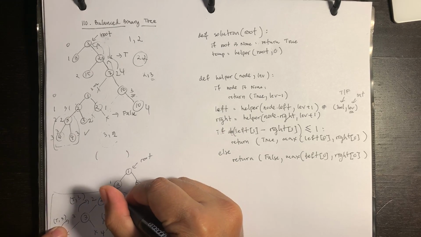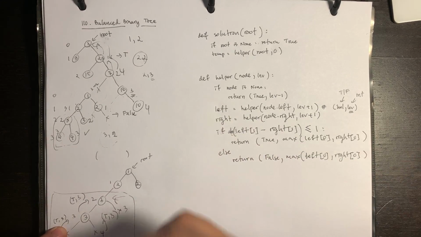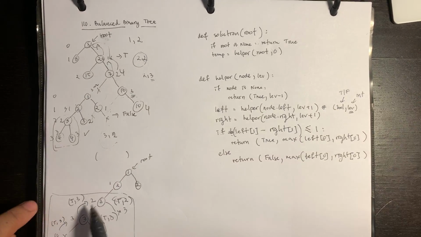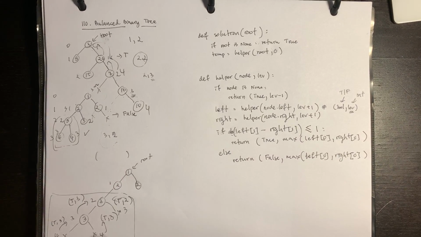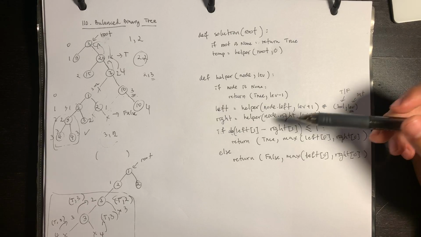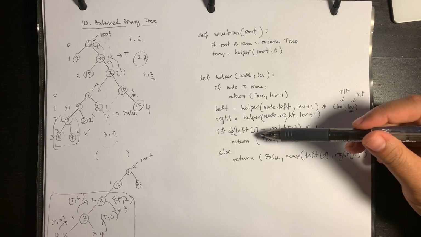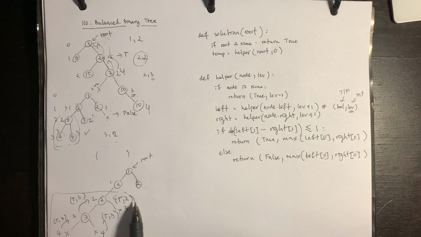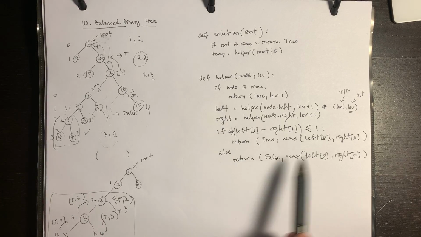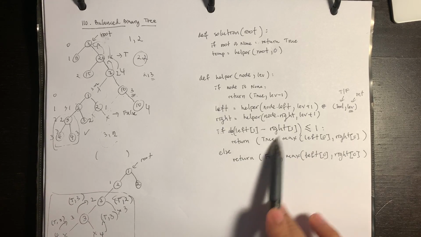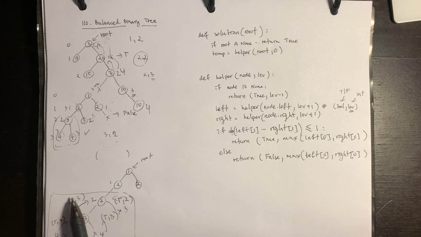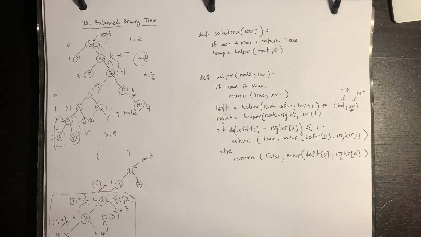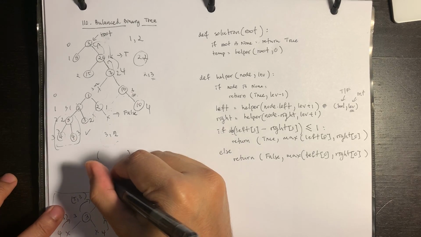Over here it returns true and then 2. On this stack frame, left 1 minus right 1, basically the difference between 3 and 2 is 1, so 1 is equal to 1, so it returns true, and the maximum of 3 and 2 is 3.